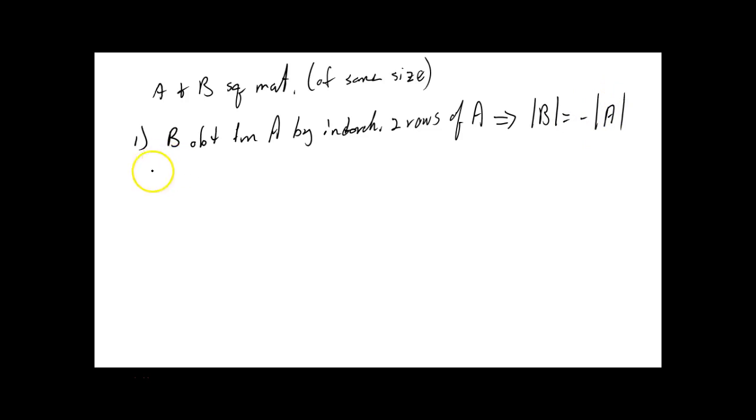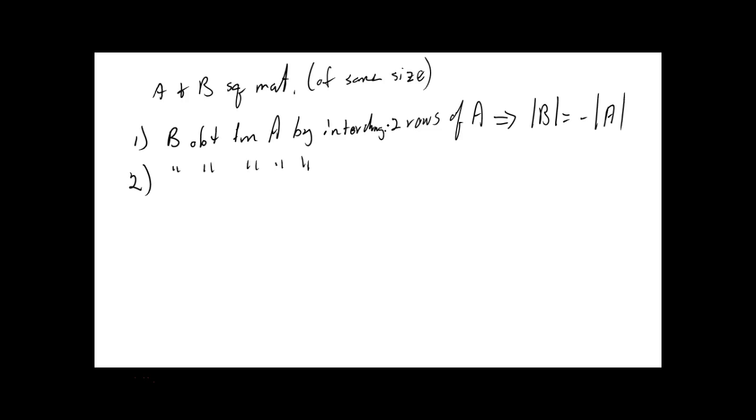Number two, when B is obtained from A by, goodness, I just wrote it and I can't read it now. Interchanging two rows.